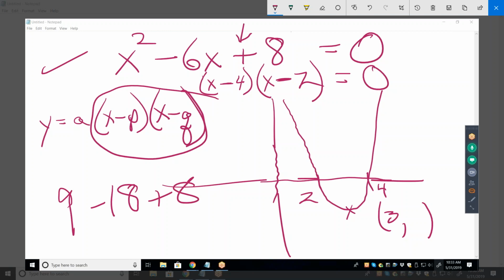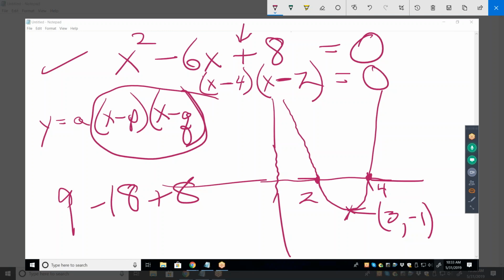Which is minus 1. That's the y value. So that is the vertex right there. Not only do I have the vertex, but I have 2 additional points, x-intercepts, and that's all you need to define a parabola or quadratic, or 3 points.